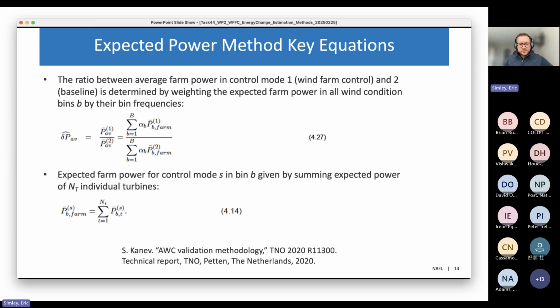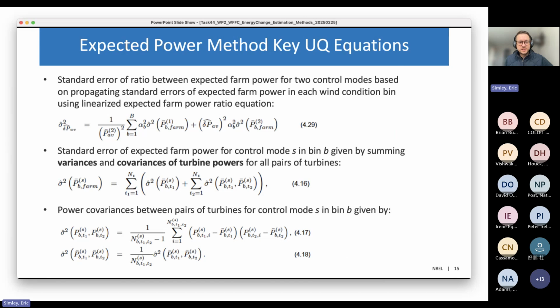So I'm listing some of the equations from this report from TNO. These are essentially just what I showed on the previous slide, so I'll skip over this. And then just listing some of the equations that are used to quantify uncertainty.